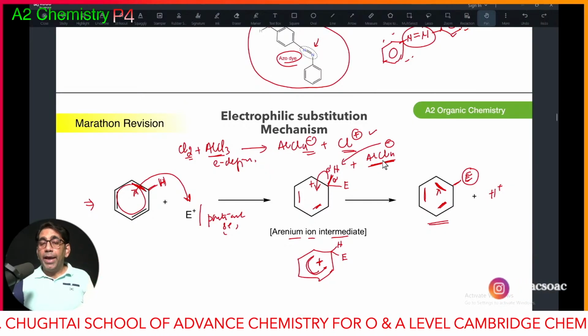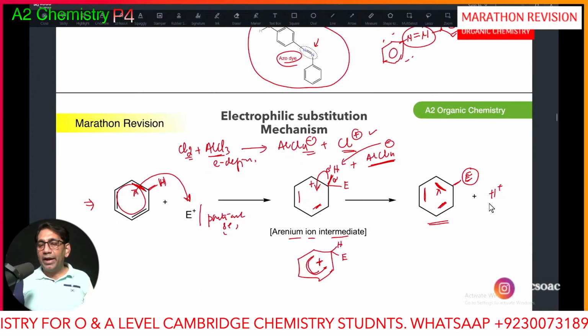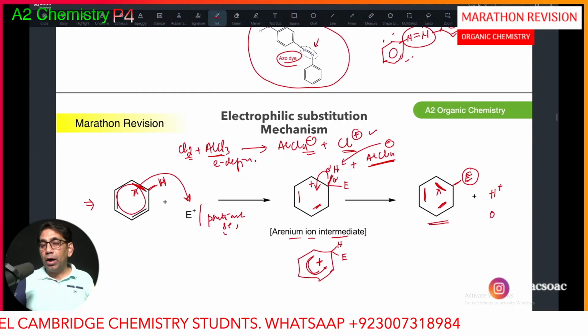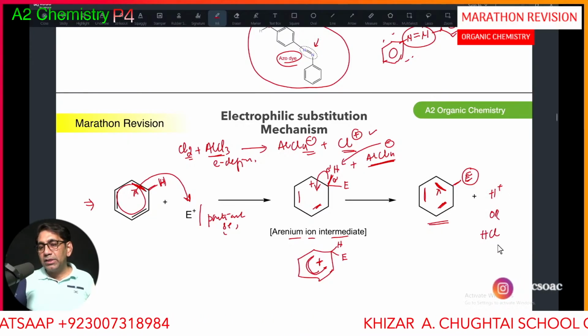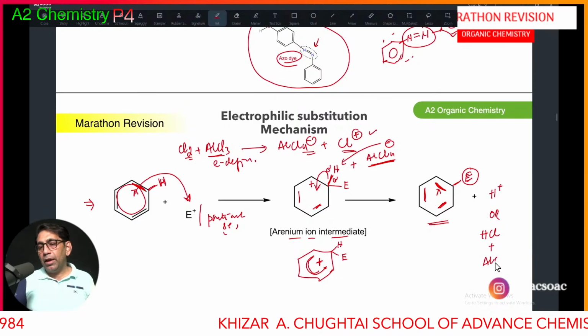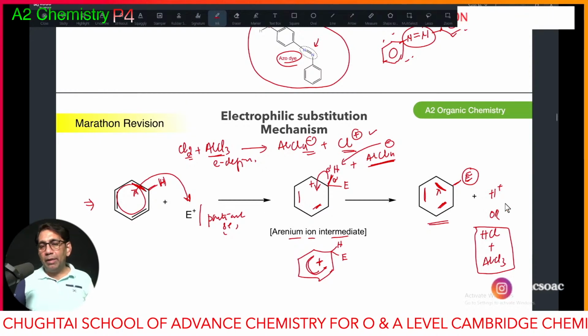Again, if you are not mentioning AlCl3 or AlCl4, then you will write H positive ion. If you are mentioning AlCl4, then you will write HCl plus AlCl3. This is optional.